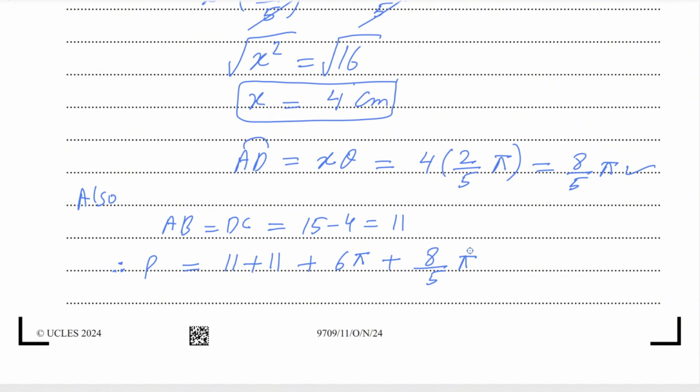Because we want our answer in terms of pi, we solve these separately. It will be 22 plus, and your calculator will give 38 over 5 pi. So this is the perimeter of the shaded part.